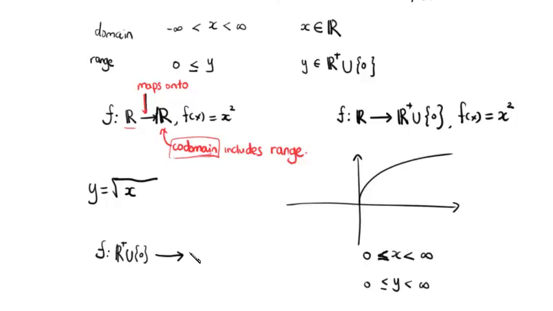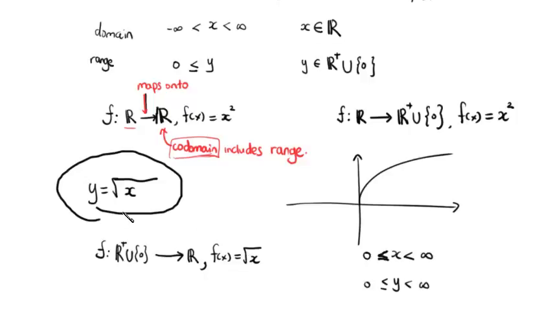You can just write all real number. So we don't have to be so strict about the codomain. As long as this includes the range, it's fine. All right, and of course, all real number includes everything. Comma, and then you put f of x equals root of x. So this is the formal way of writing this function right here. So we're learning the formal way of doing it.